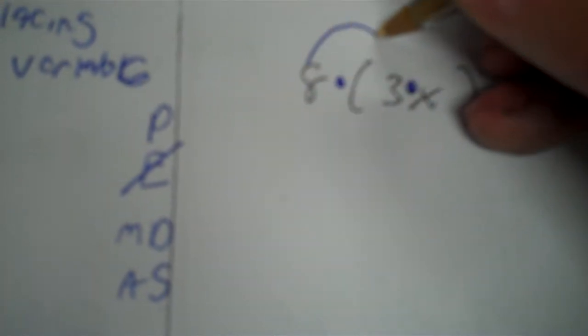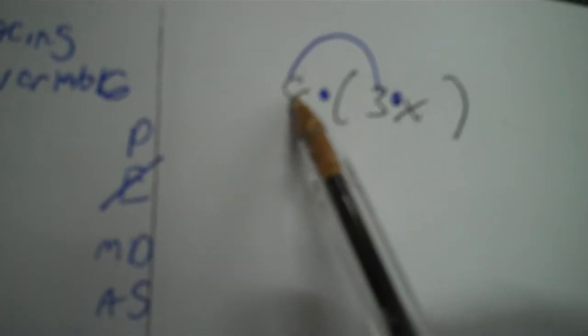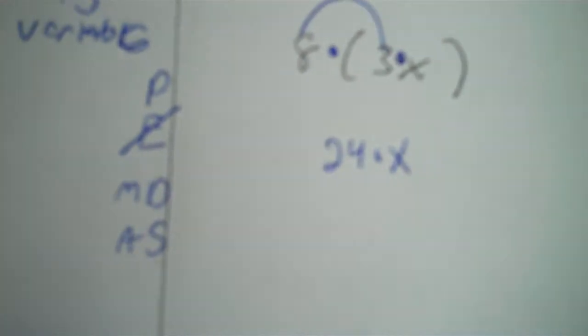We just said that when we talked about the parentheses. Now, can you do this multiplication? The answer is yes. You can take 8 and multiply it by 3. You can multiply that outside factor to the inside factor that you know, and that would be 24 times x. So we need to write that answer as just 24x.